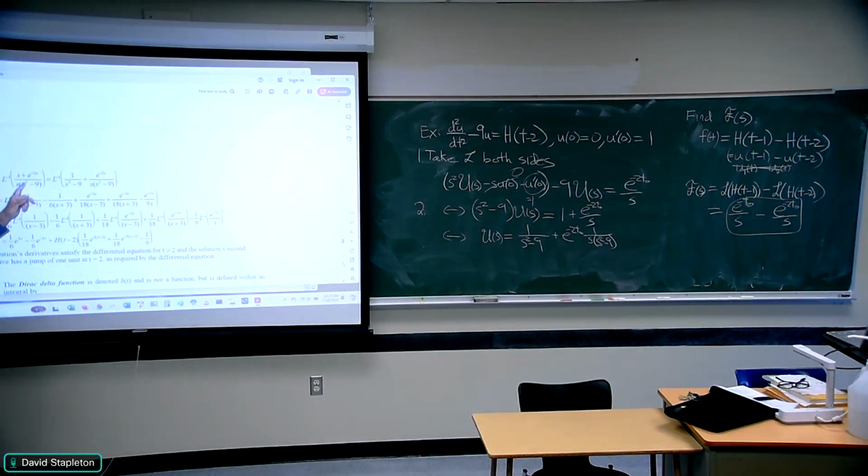How does this factor? 1 over s squared minus 9 factors as 1 over s plus 3 times s minus 3. This is partial fractions here. This is my example. I ran it in the calculator, so hopefully it's correct. If it's not, let me know.